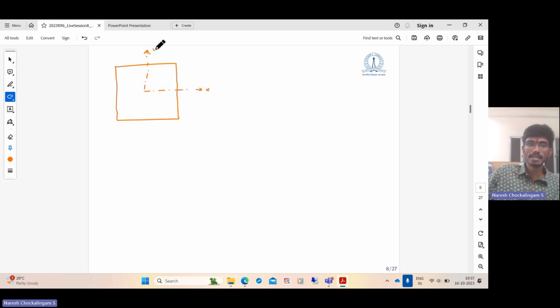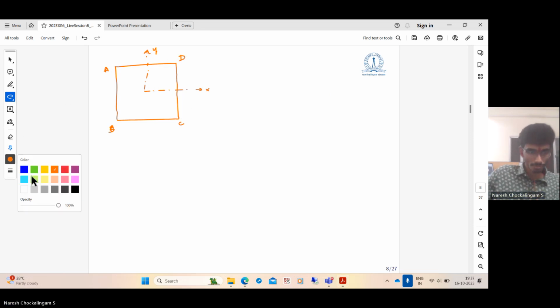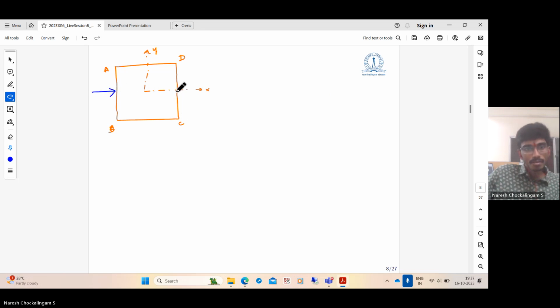Here's a line drawing, with the x-axis, y-axis, and the points A, B, C, and D. It is subjected to a pair of equal and opposite forces that are also collinear. Let us call the force as P, and the length we have taken as L and the flexural rigidity as EI.